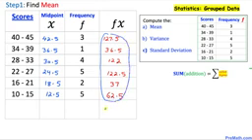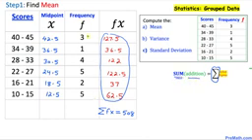If we add them up, I am going to use sigma notation. Sigma of f x equals, if I add these values, 508. Once again, this notation is called sigma, which really means sum, or sometimes we call it addition.